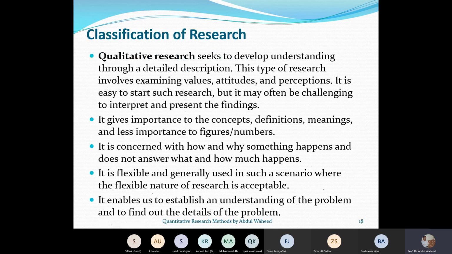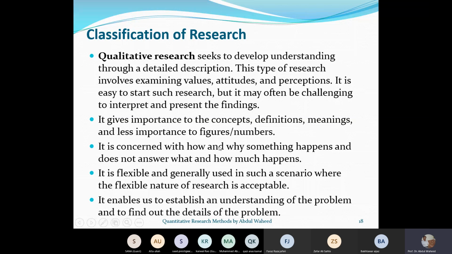Then we have qualitative research. This is a bit difficult, and it seeks to develop understanding through a detailed description. This type of research involves examining values, attitudes, and perceptions.